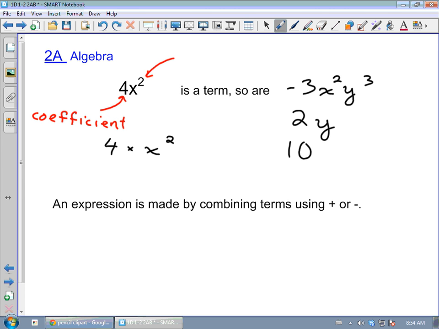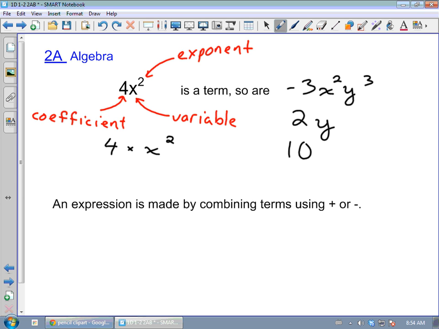What would we call that little 2? It's called an exponent, yeah. So a lot of terms have exponents. Not every term has an exponent. Okay? And when we see a letter in here, like this x, I think the learning guide refers to it as a literal coefficient. I'm just going to call it a variable in here. Okay?